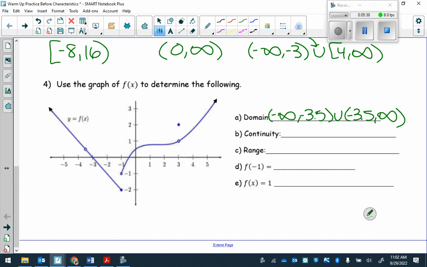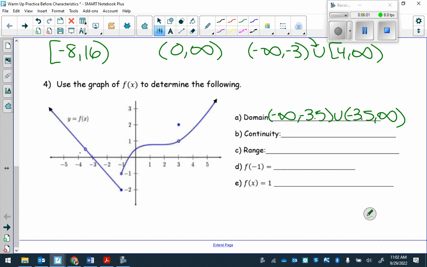It is the whole thing. However, there is a hole here. Okay, so it's not included. So looking at the whole graph, I still included 3 into my domain because there's a point here, as opposed to here where there's not. There's no point above or below it to count it, so to speak.